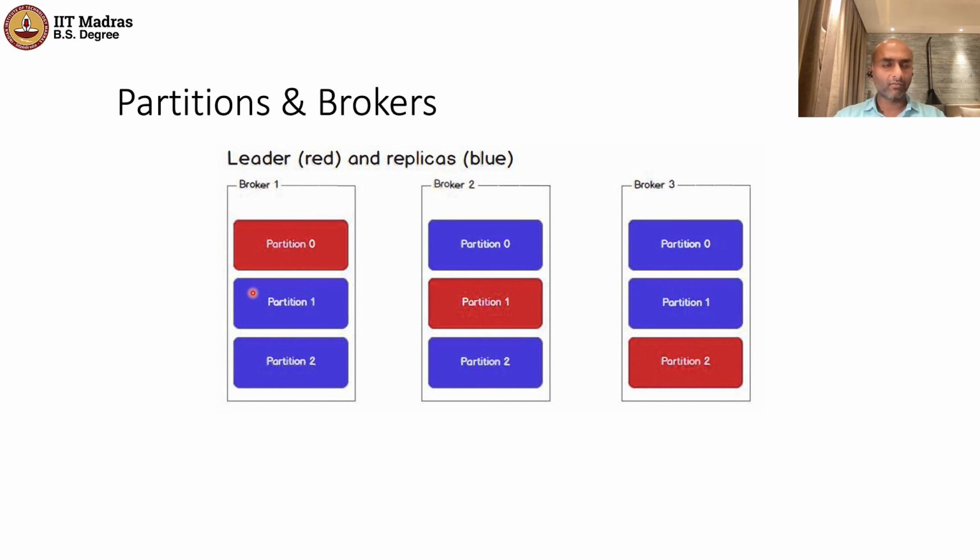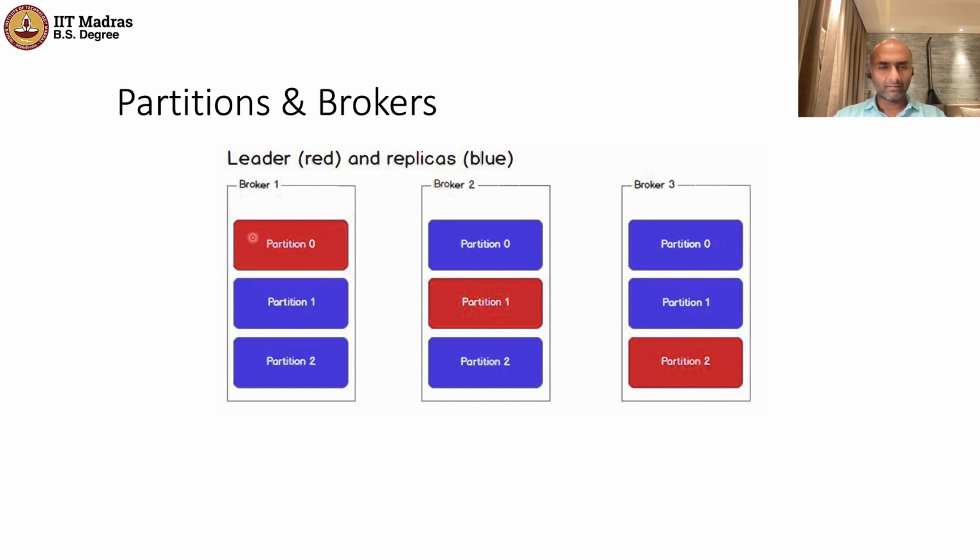Even at that scale, if there are 3 replicas in total, with the primary and the 2 replicas spread across 3 brokers, the cluster can withstand 2 broker failures at the same time and still not lose data. That's actually a pretty powerful guarantee.